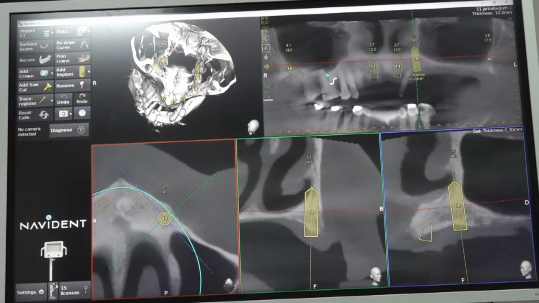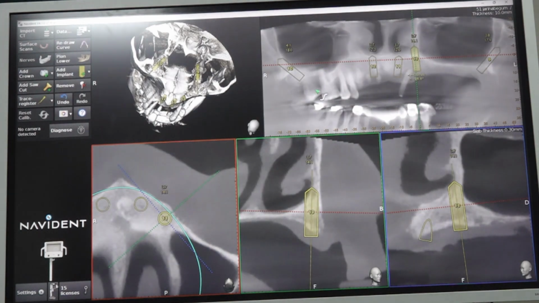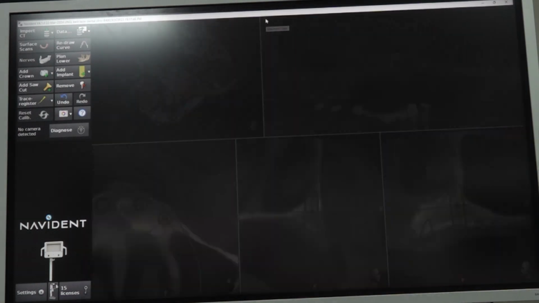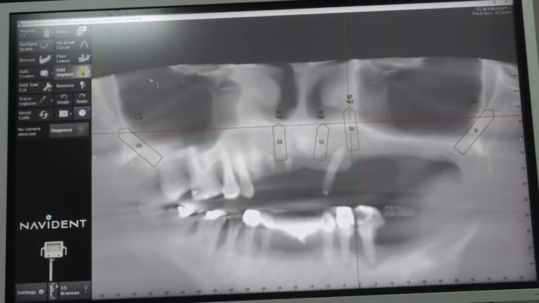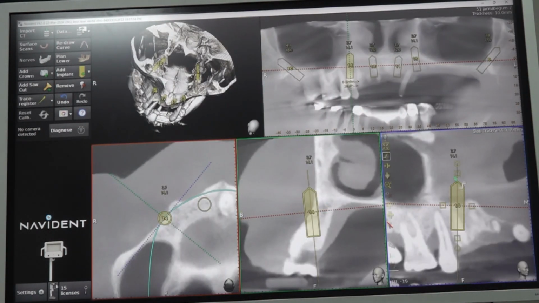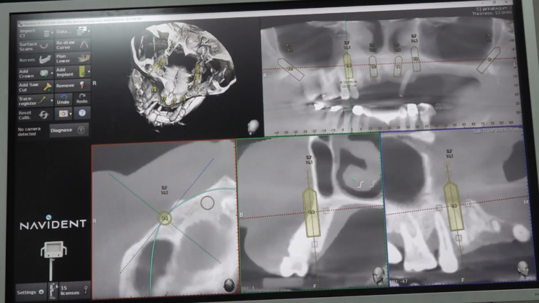So right side, X-ray is showing very dark. Now we are planning for the right side. So here there is no need to come till the nasomaxillary buttress also.